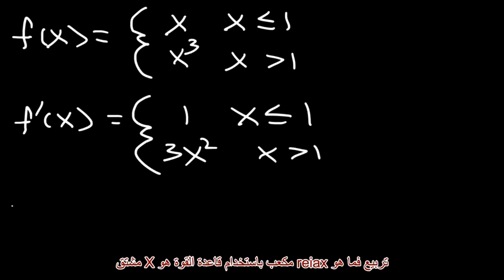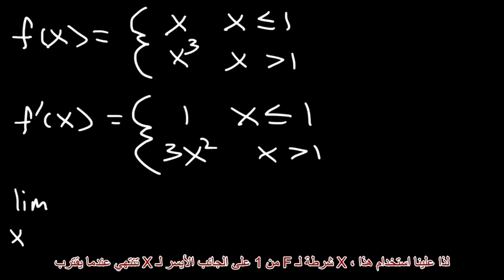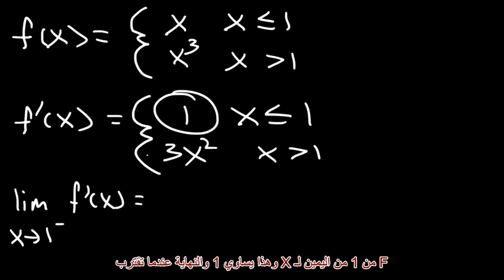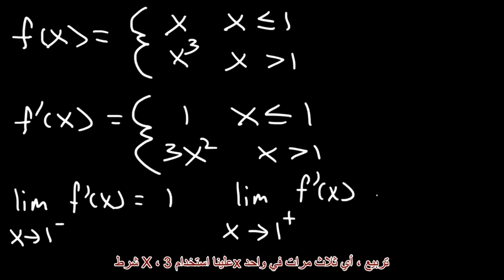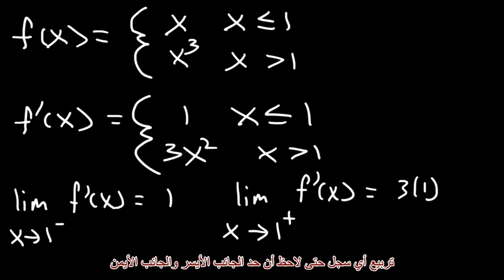So what is the limit as x approaches 1 on the left side for f prime of x. So we need to use this, and so that's equal to 1. And the limit as x approaches 1 from the right for f prime of x, we need to use 3x squared. So that's going to be 3 times 1 squared, which is 3.